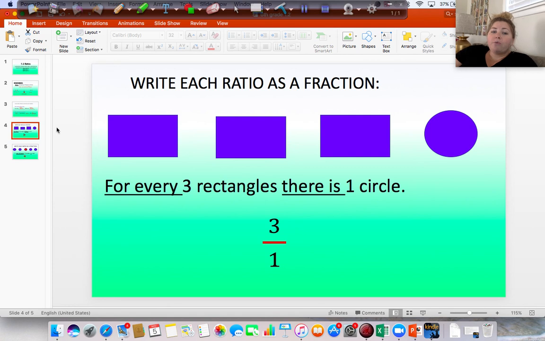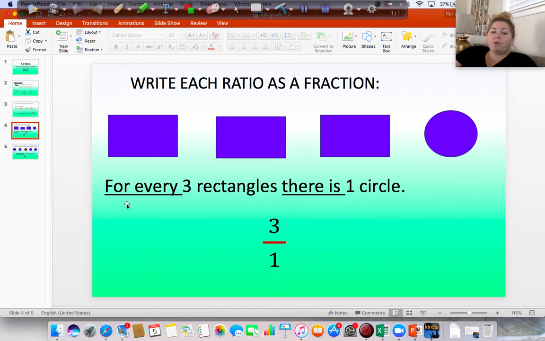Okay? So this question says, write each ratio as a fraction, and then you would have to explain its meaning. So what you can see here is we've got 3 rectangles and a circle. Because we're comparing two different things, we can write our ratio as 3 to 1 because the rectangles come first. So 3 rectangles to 1 circle.